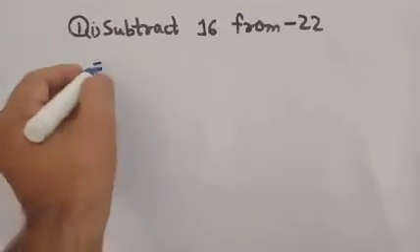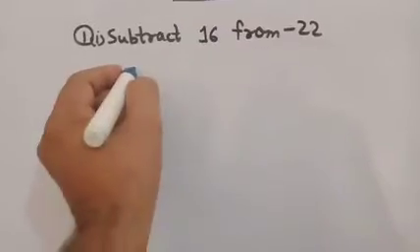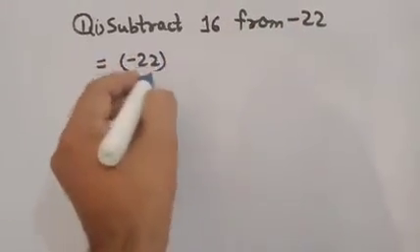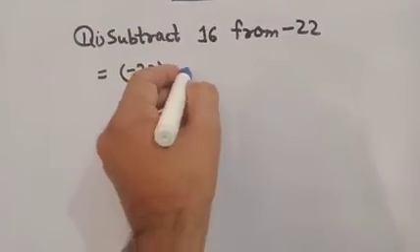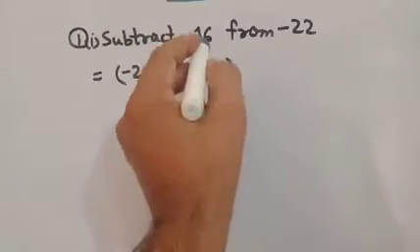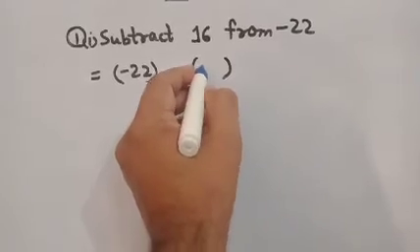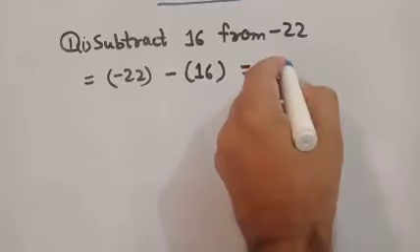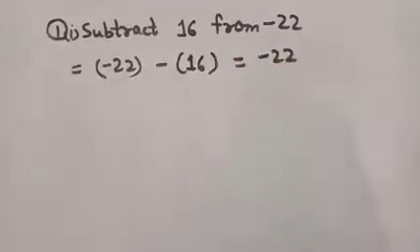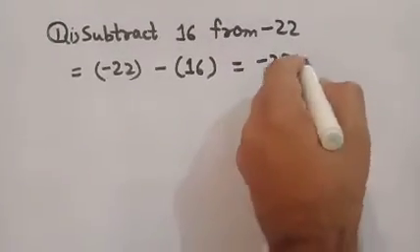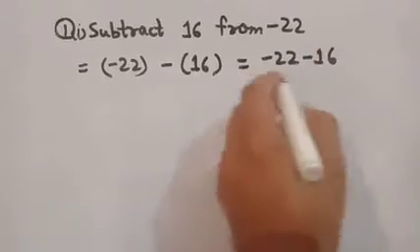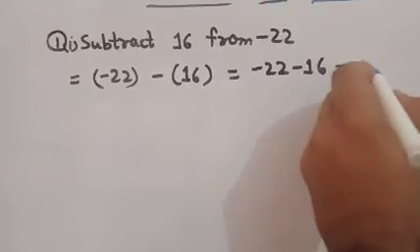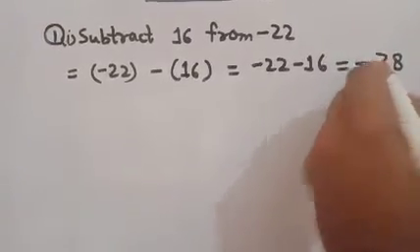So you note down the second integer first, that is minus 22, then in bracket put the subtraction sign, that is minus, and the first integer at last, this is 16. Now the process is minus 22 minus 16. Both are negative integers, so they will add with the same sign. The 38 will be the answer.